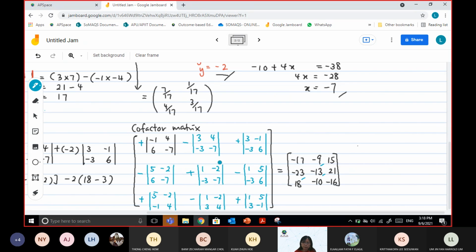Okay, wait. So 3 times negative 7, negative 21. Negative 21 plus 12, so it's negative 9. We have a negative sign, so it's a positive 9. Yes. Okay, so positive 9 here.